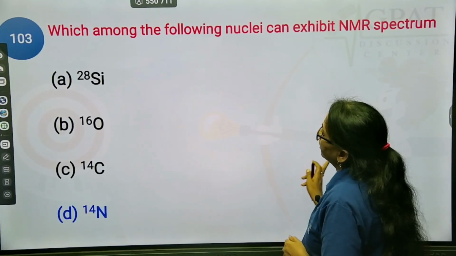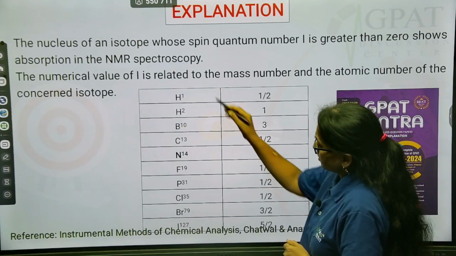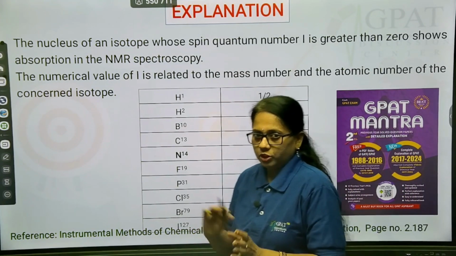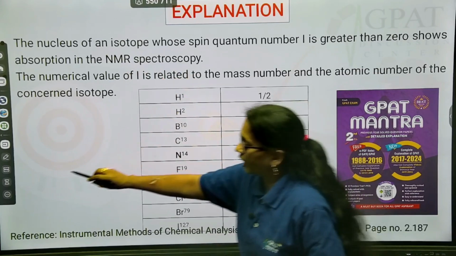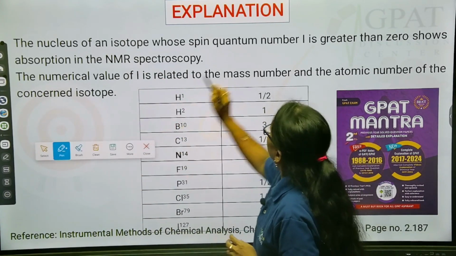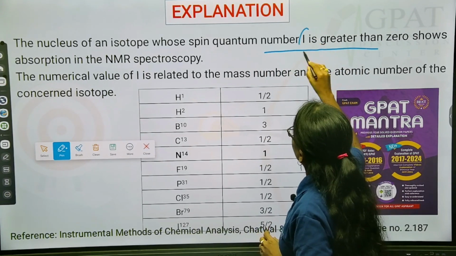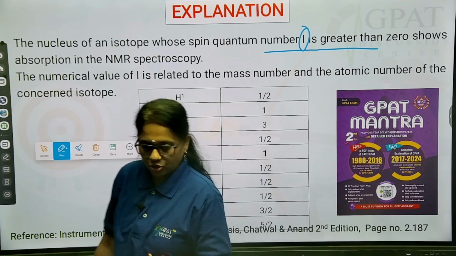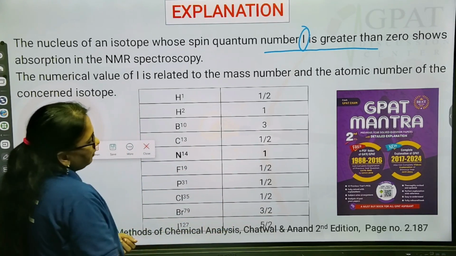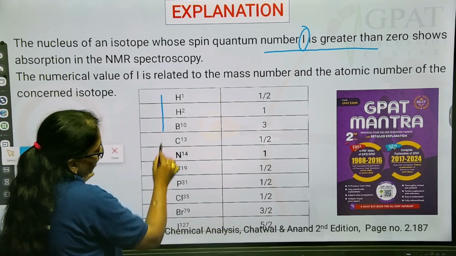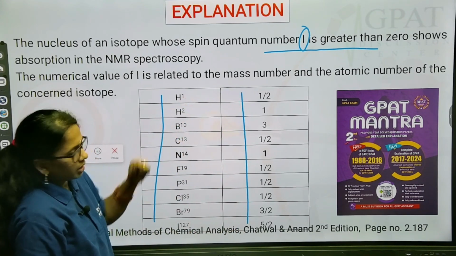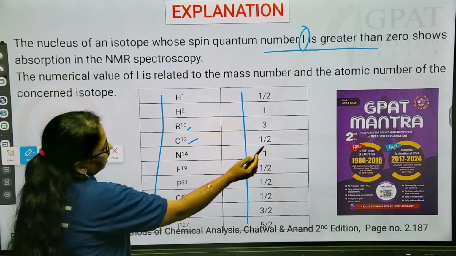Okay. And let us see some of the other examples which are NMR active. That means actually speaking, without any tricks and all, the nucleus of any isotope whose spin quantum number, that is represented as I, which is greater than 0, definitely it is going to show the absorption in the NMR spectroscopy. Okay, so these are some of the spin quantum numbers for some of the isotopes: hydrogen H1, H2, B10, C13, it is 1 by 2.